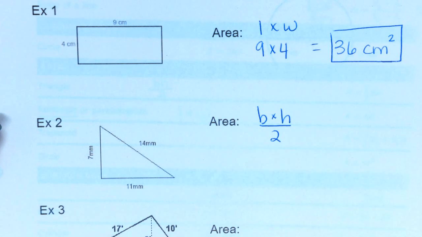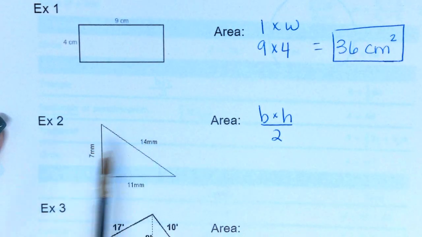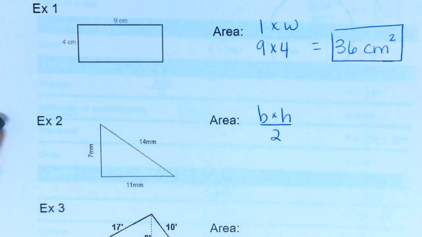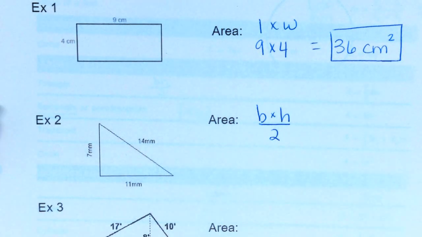Now this is where you really need to pay attention. How many numbers are on this triangle? 3. But how many do my formula ask for? 2. You need to find the base and height, and this is how you find it. I need everybody listening. Find the right angle. What's a right angle?